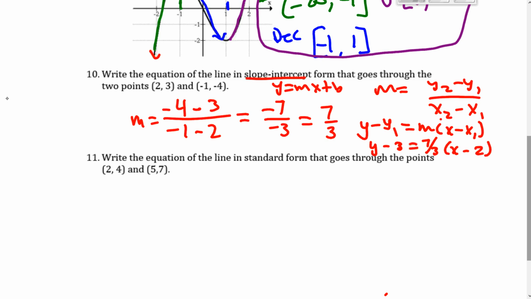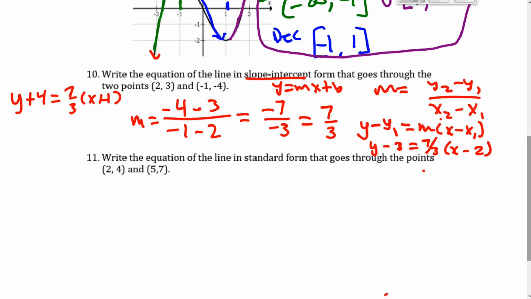Now if it was the -1, you could write it y plus 4, because it's the opposite. My slope, that's a 7/3. x plus 1, because I'm subtracting my y value and subtracting my x value, so that's taken opposite. Both of these equations will be the same.